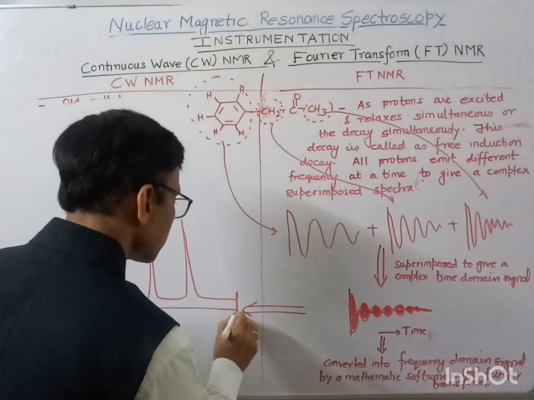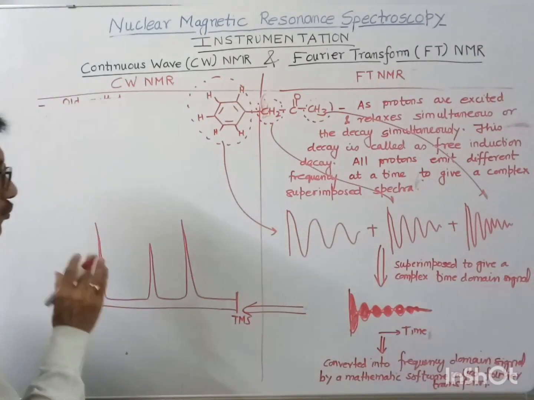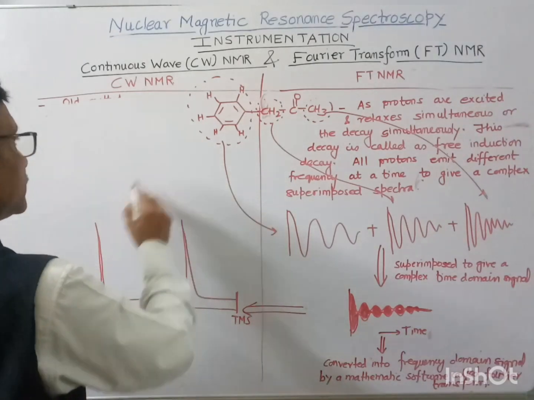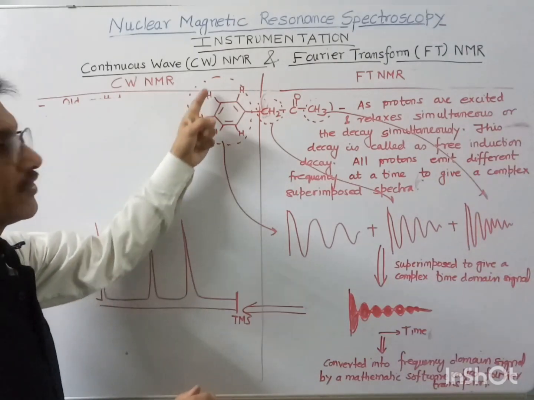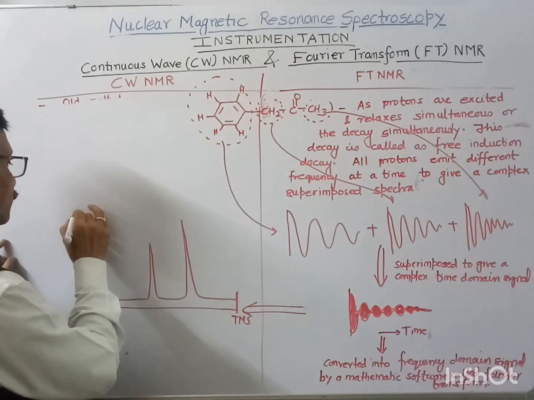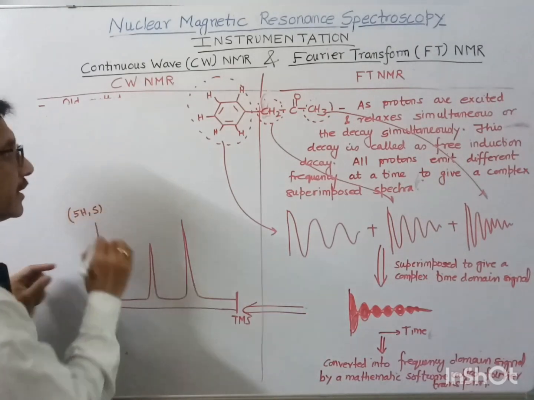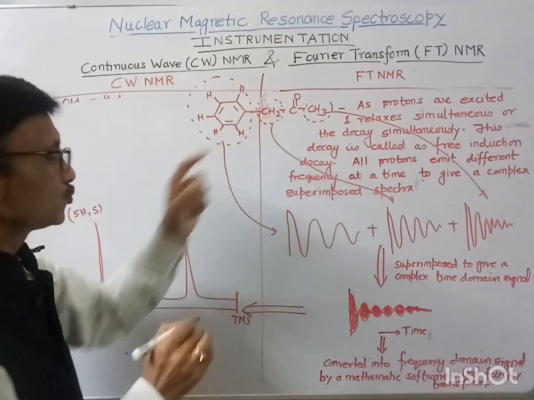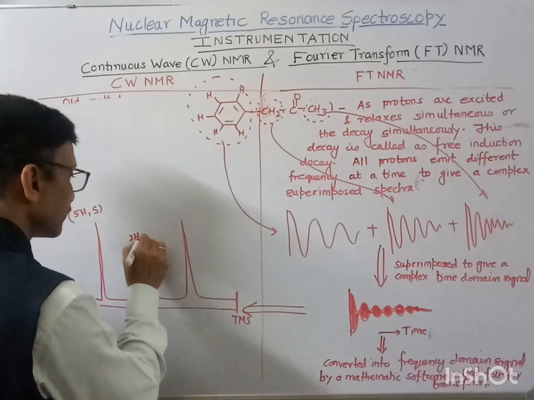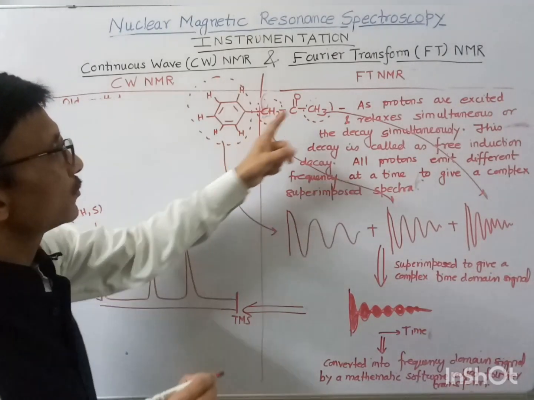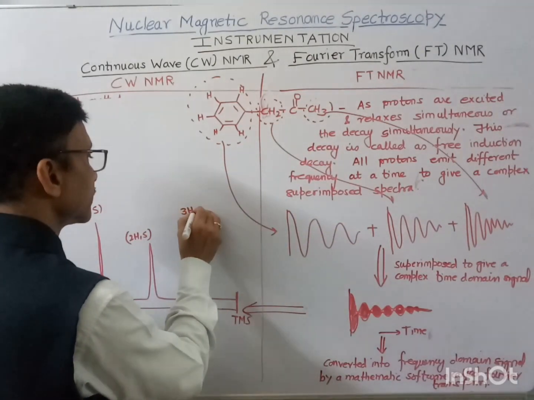Suppose this is for TMS, that I will explain in my next lecture. So three different signals. Suppose this signal is for the 5 phenyl protons, giving one singlet. Here the 2 CH2 protons give one singlet, and here the 3 methyl protons give one singlet.